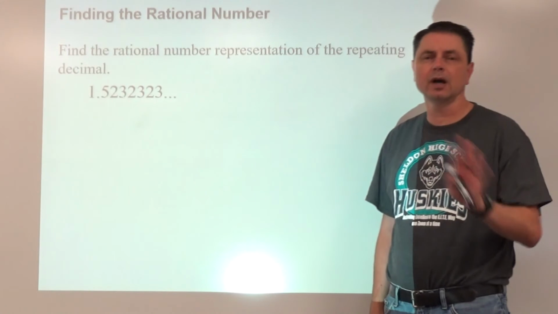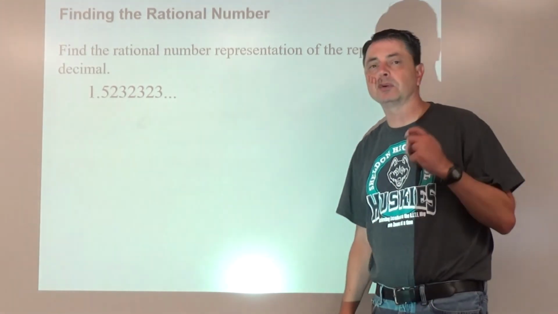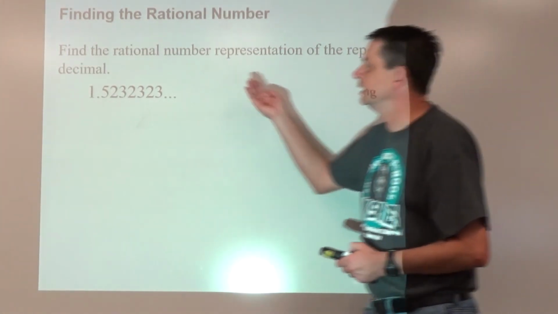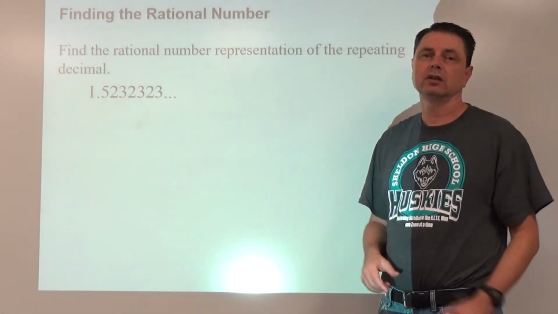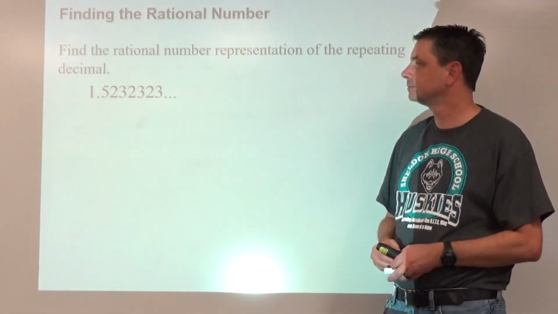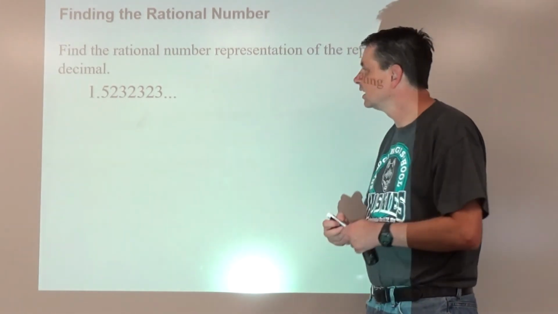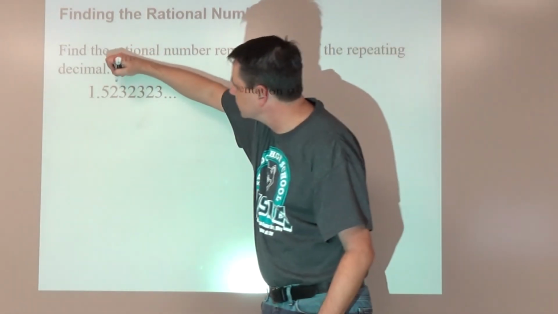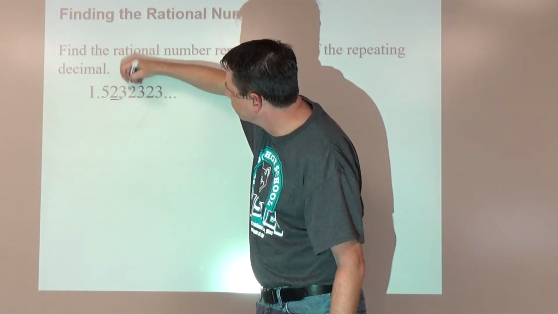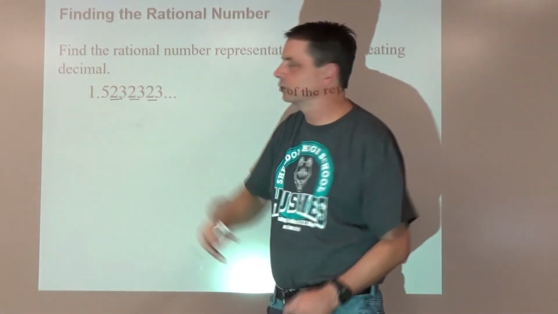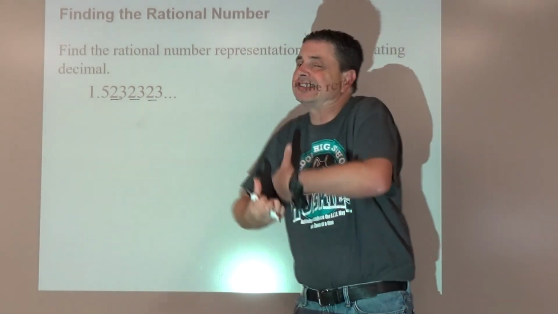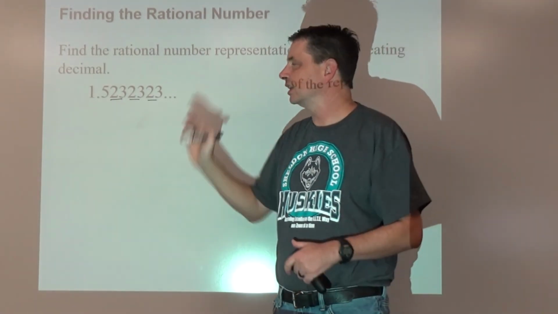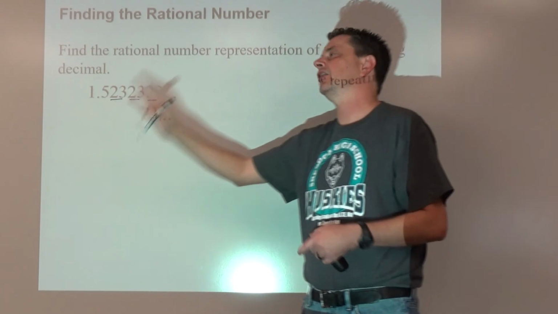And then the last couple lessons I've been promising we would get to this. How do we take a repeating decimal and turn it into the appropriate fraction? So notice, here's our repeat: 2, 3, 2, 3, 2, 3. What we want to do is start by separating this into the non-repeating part and the repeating part.